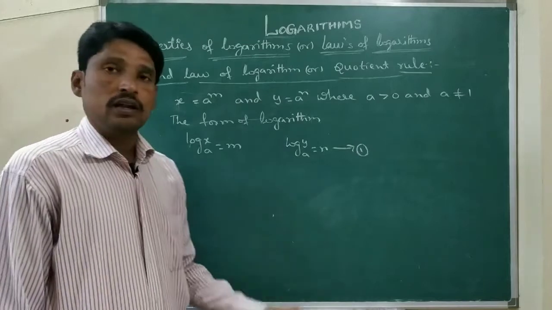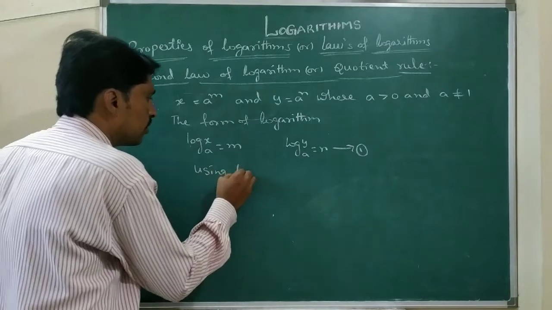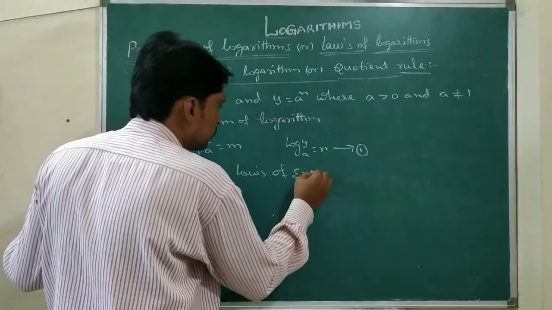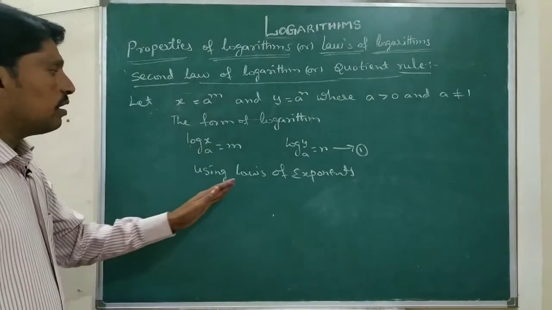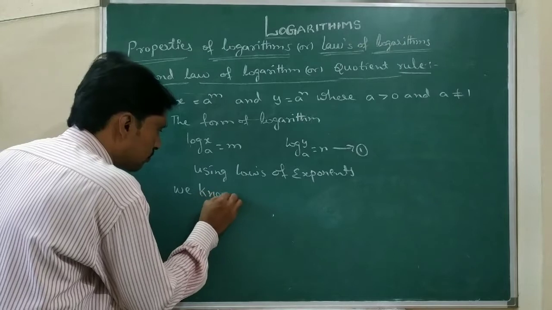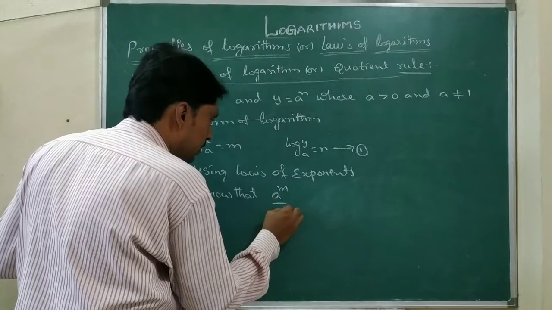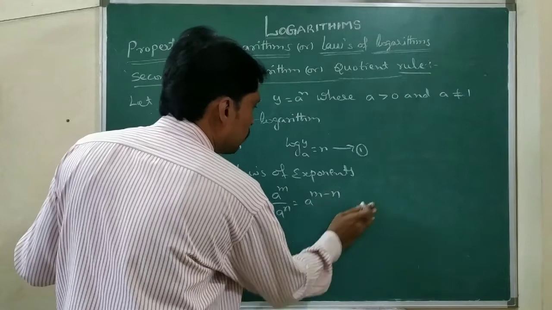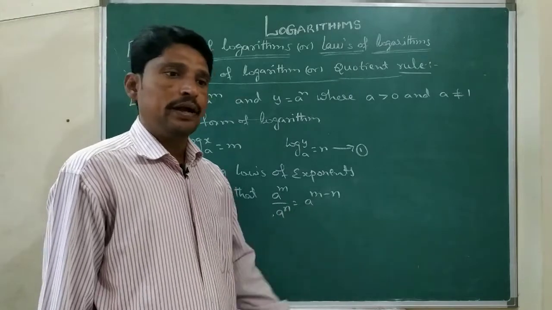Using exponent laws, so using laws of exponent. What is the law we can use here? We know that a power m by a power n equals a power m minus n.